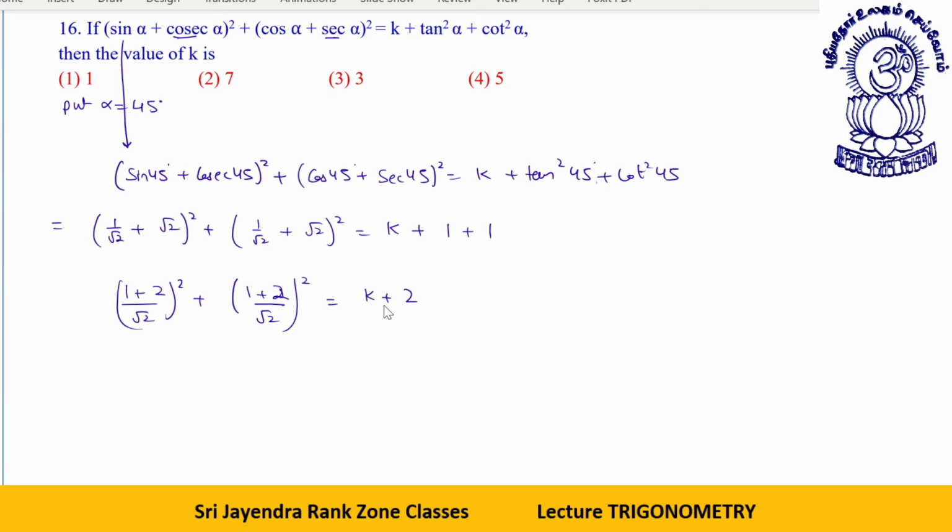So this is 3 by root 2 square, or 9 by 2 plus 9 by 2, is equal to k plus 2. That is 9 is equal to k plus 2. This implies k is equal to 7. Option number 2 is your answer.